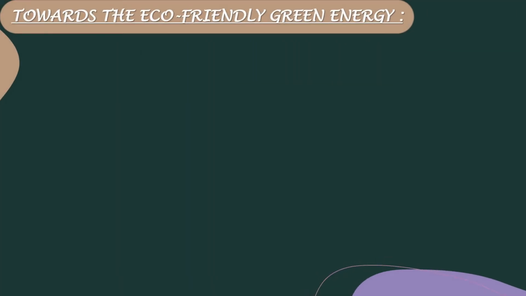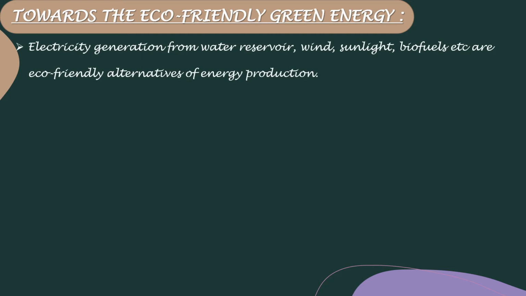Now students, let's understand about eco-friendly green energy. Now there are other ways of electricity production which avoid the problems. And electricity generation from water reservoir, wind, sunlight, biofuels, etc. are the eco-friendly alternatives of energy production.